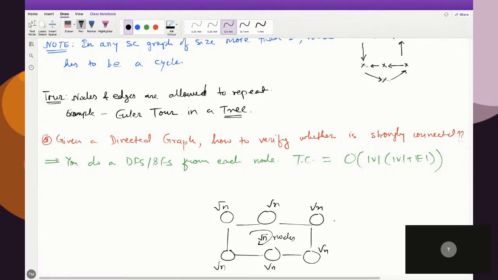So the largest cycle you will find still has square root n nodes. So the rest of the nodes that remain is n minus square root n. And if you do the DFS from all of them, n plus m, then it is still basically n into n plus m, because the square root will be ignored in front of n.